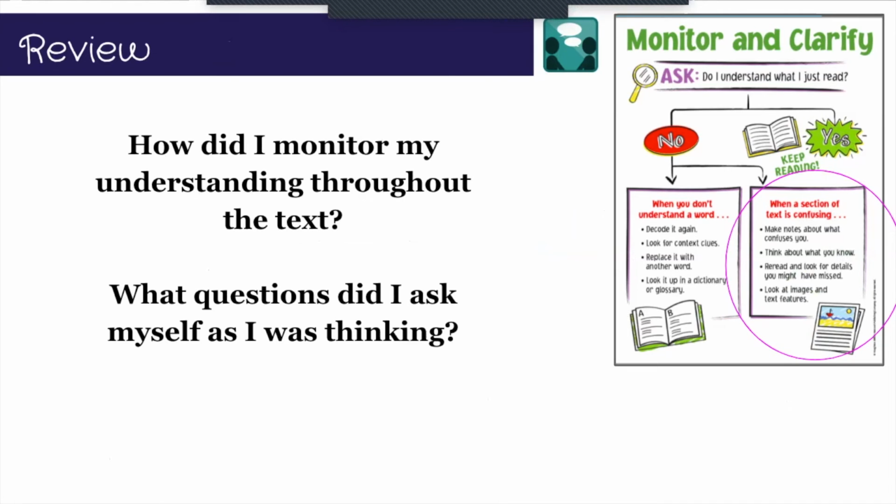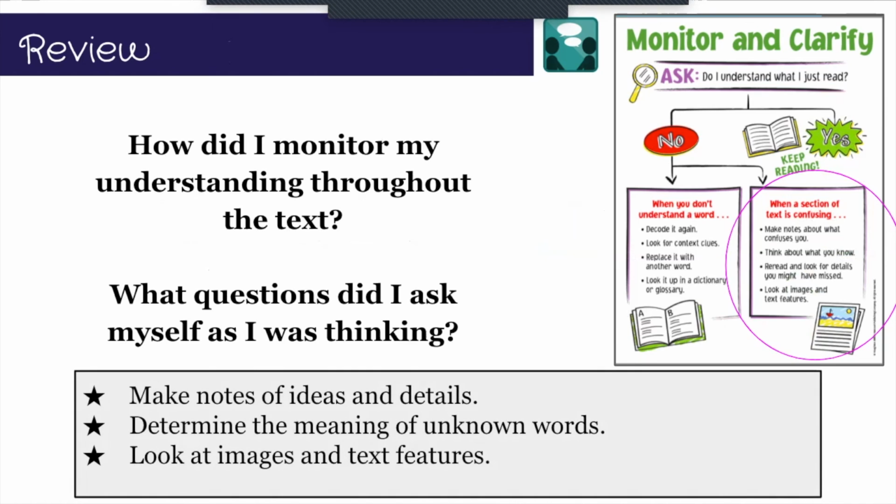All right, boys and girls, let's quickly review our strategies we just did to monitor our understanding throughout our text. What questions did we ask as we were thinking? Well, first, we made sure to make notes of ideas and details using our strategies of underlining the first sentence, writing it in our own words to monitor our comprehension, and then circling those details that backed it up.